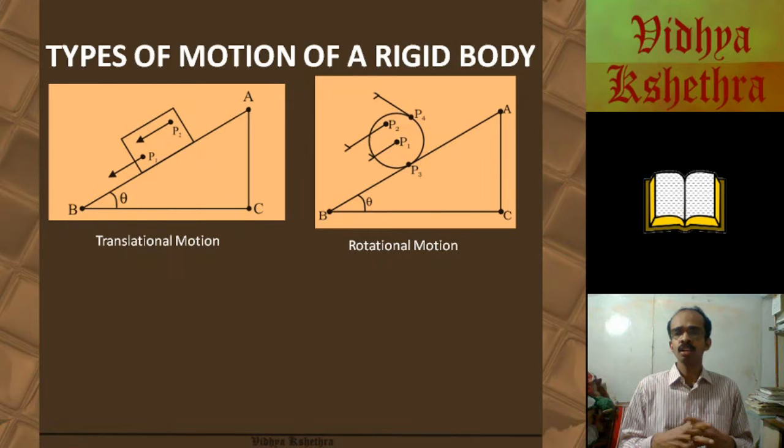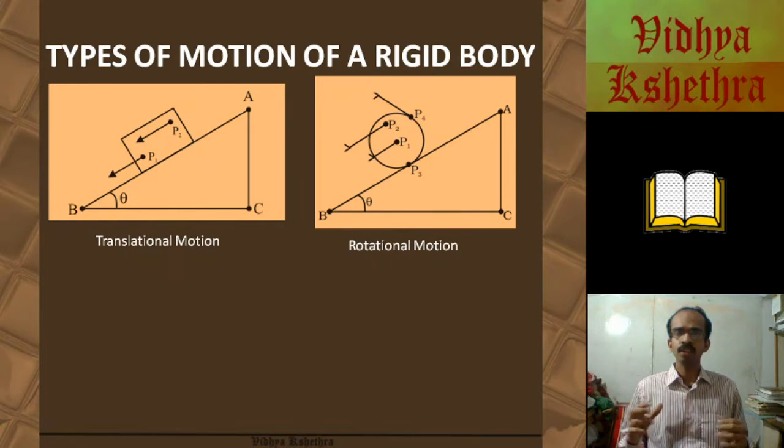Then there are certain other kinds of rotational motion in which the axis also keeps on changing. For example, in the case of a top, the axis keeps on changing its position, as opposed to the case in which the axis is fixed.